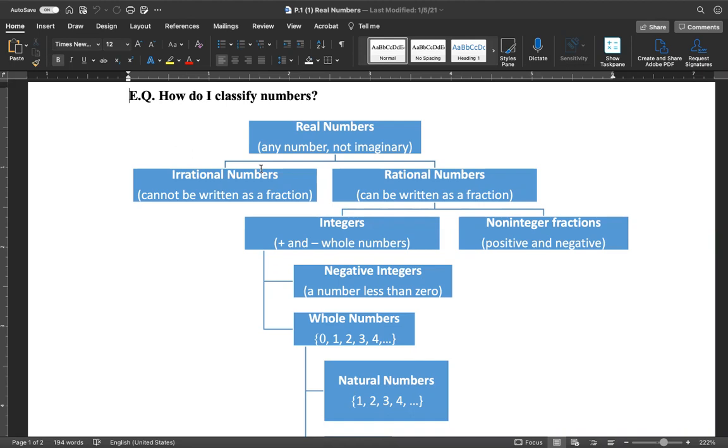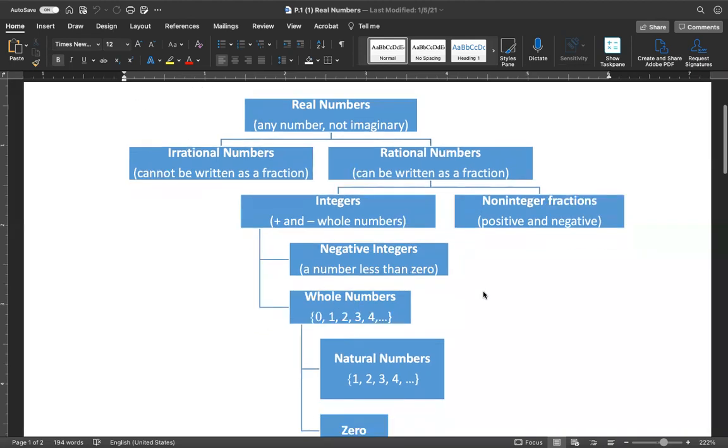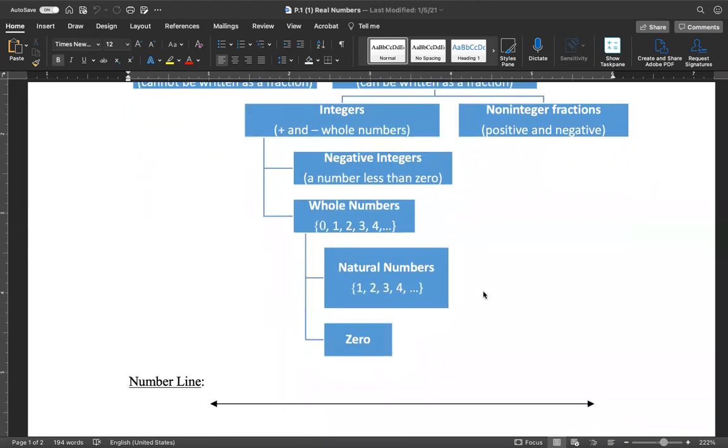And then we can break integers down specifically into negative integers, which is just a number less than 0. And then the last two, well, I guess 3, would be whole numbers and natural numbers. So whole numbers and natural numbers are the same set of numbers except for one value.